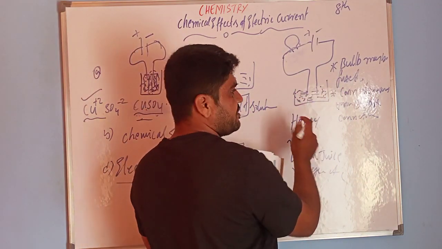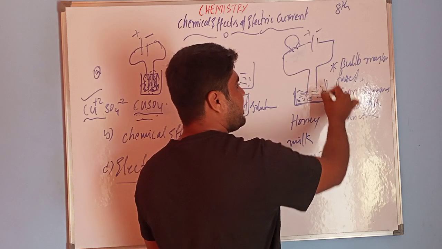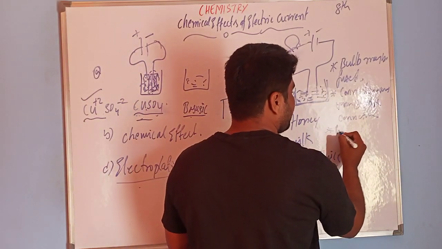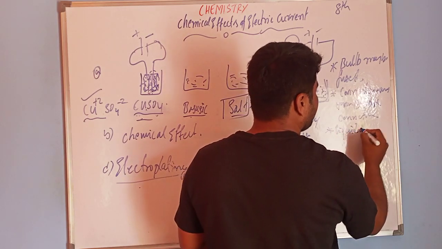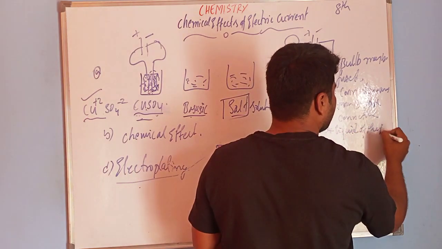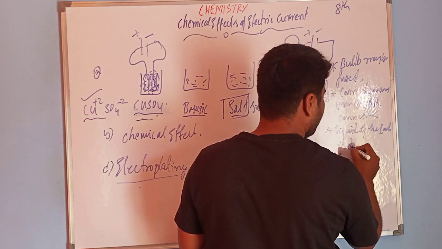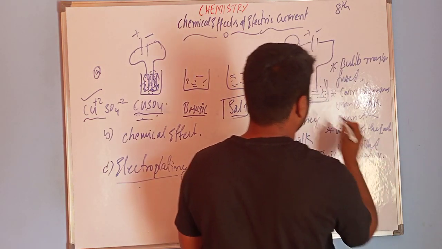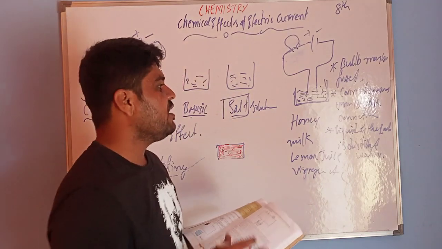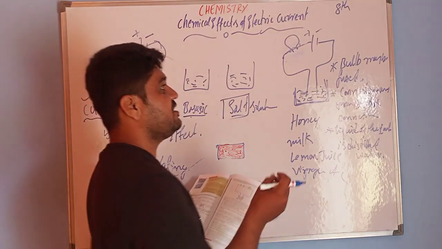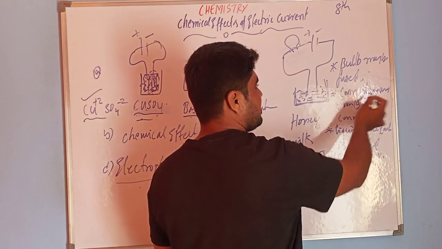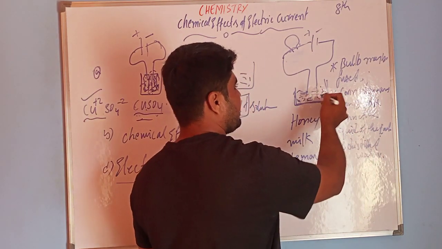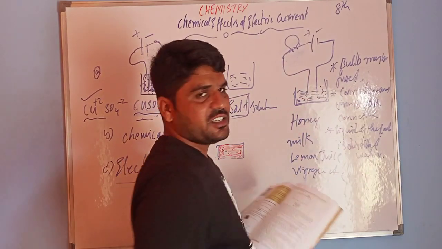Third, the liquid in the container may be distilled water. Distilled water does not conduct electricity because of the absence of ions. So we have three reasons: bulb is fused, connections are wrong or loose, and the container contains distilled water.